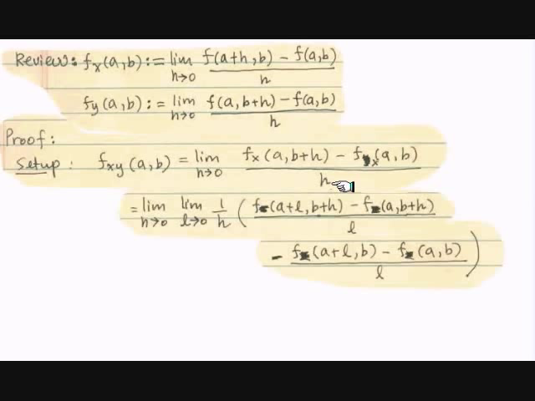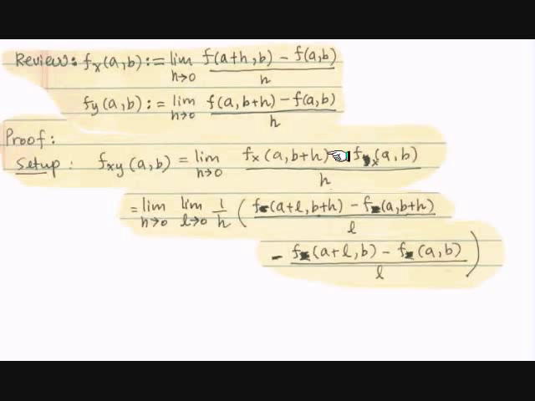Next part really looks ugly because we have two partial derivatives, f_x and f_x there. So we're going to apply this partial derivative idea to both terms. The first term here is f_x. So I pull h out first because it's a lot of denominators. f_x is a partial derivative with respect to x. So this one term becomes two terms here.